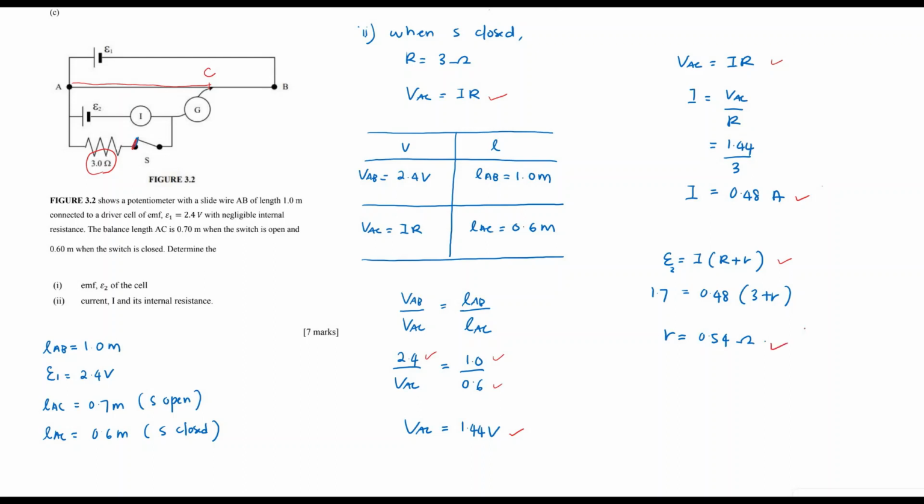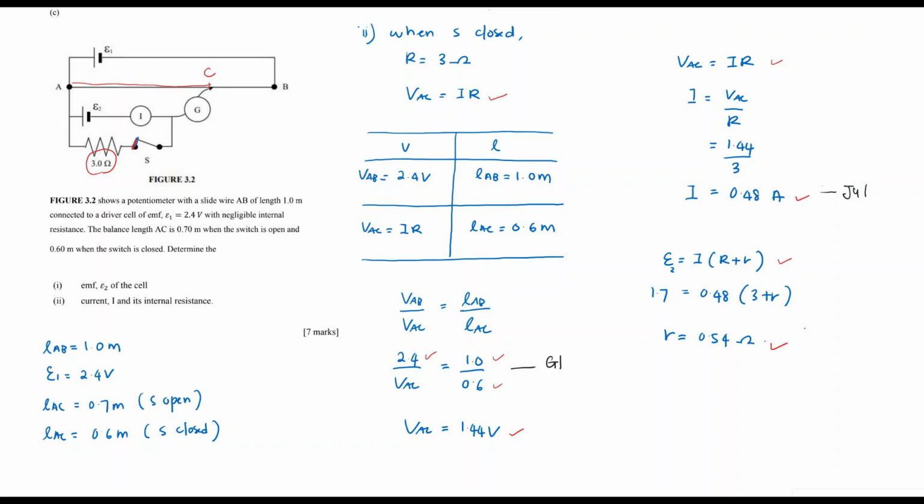So for question C2, there are 4 marks given. First mark is gantian for VAB, LAB and LAC. So gantian 1. Second mark is answer for current. When we calculate and get current equal to 0.48 ampere, we get 1 mark for jawapan unit.